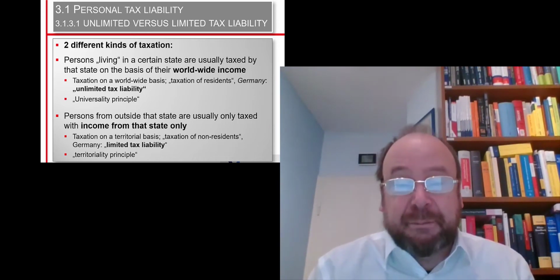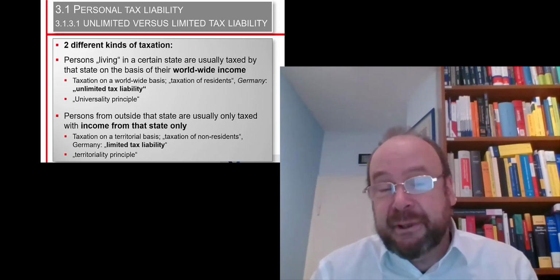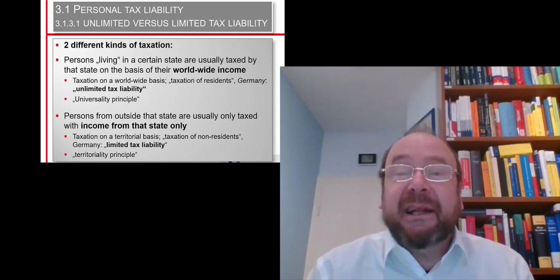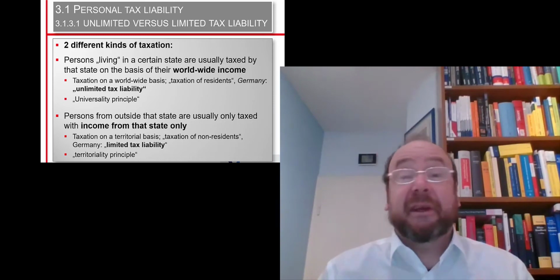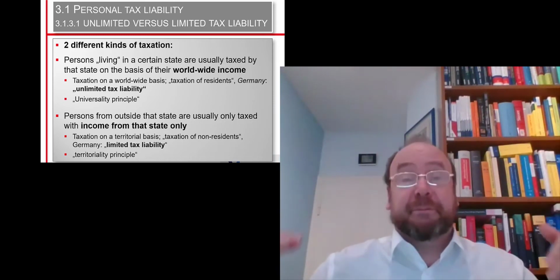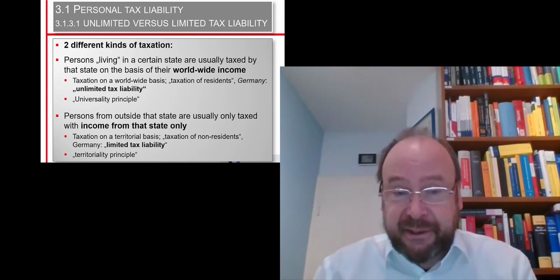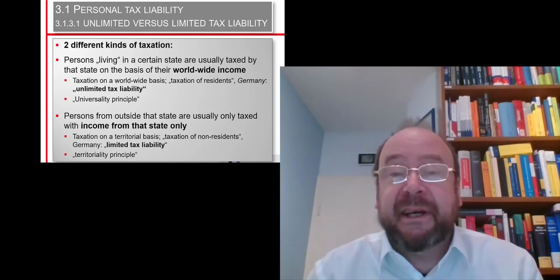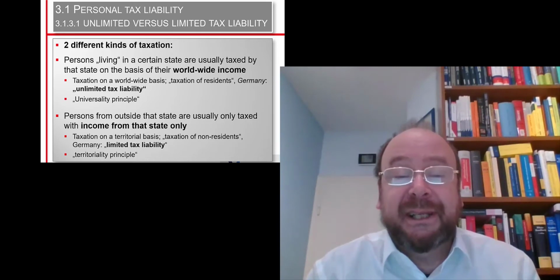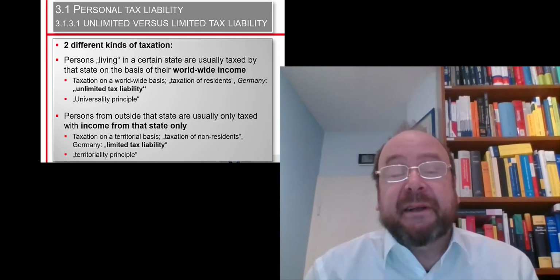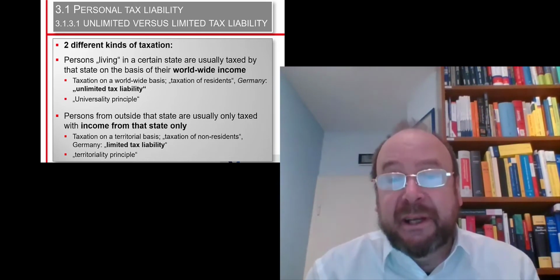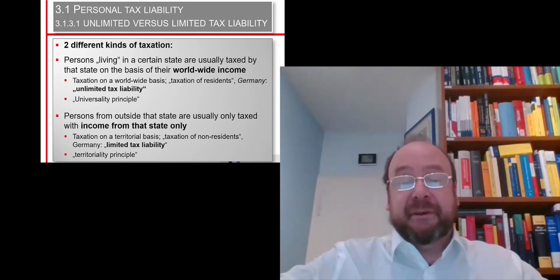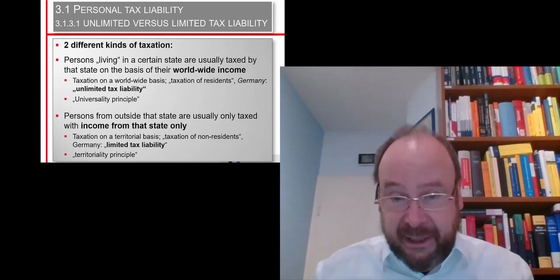This is a bit of an unhappy term, because if you hear something about unlimited taxation, you always think, oh, 200% or 500%, or there's no limit to taxation. What stands behind that term in Germany is the idea that taxation is not limited to the inland income. There is no geographical limit to the tax claim.